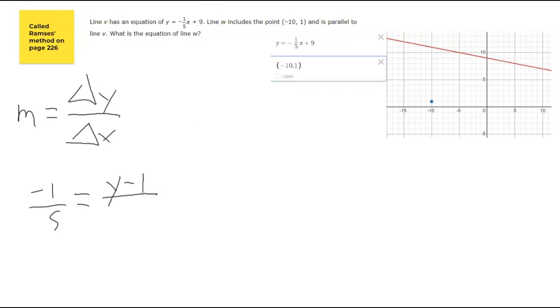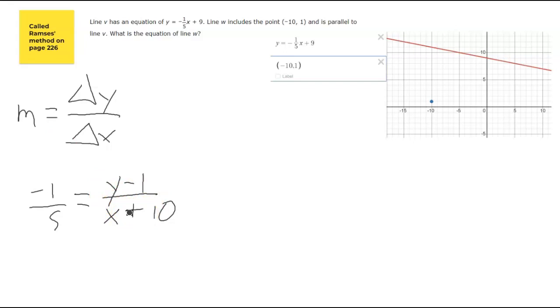And now we also want to put x minus, and then our x value is negative 10. So we're going to put negative 10. And again, because we have minus negative 10, these two subtracts are going to actually be positive. Minus a negative is a positive.